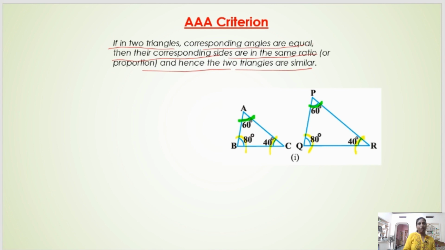So how should we write this? What is the procedure of writing? These two triangles are similar, so the procedure is, see, in triangle ABC and triangle PQR.